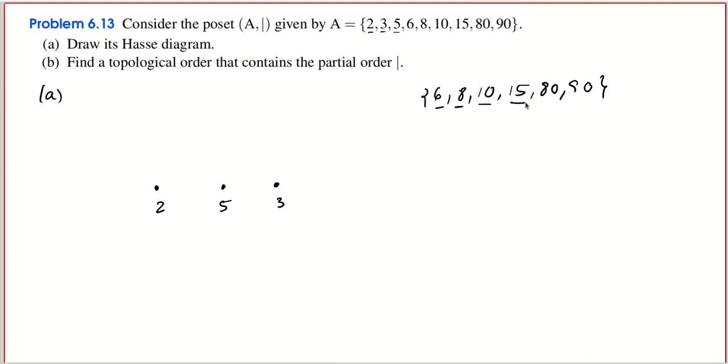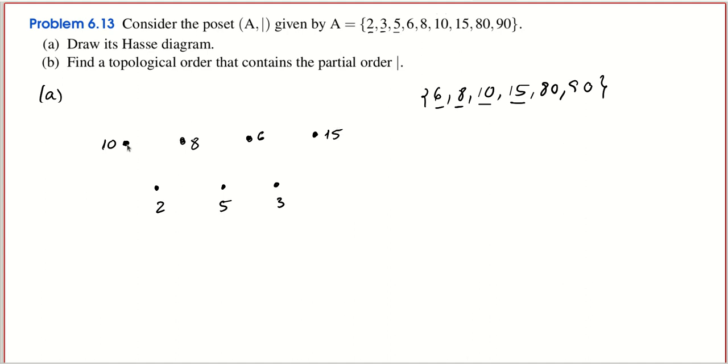So this is the new layer of minimals. So again, I'm going to draw them like this. This is going to be 10, right? Then I'm going to put here 8. Okay. So this is 8. And then 6 is going to be here. Finally, 15 is going to be here. And now we link the relations that we find.